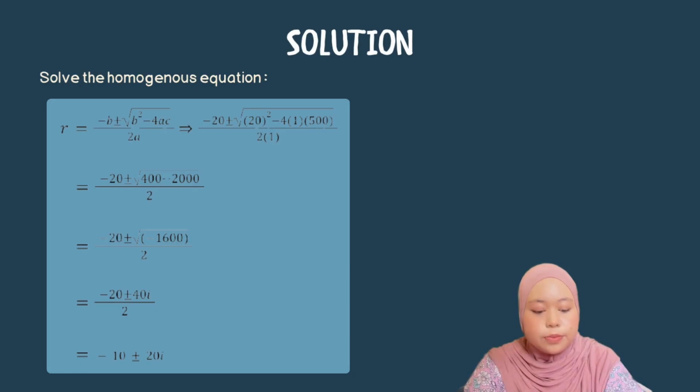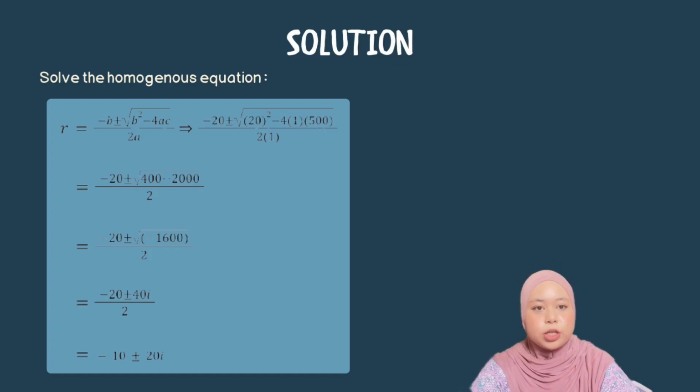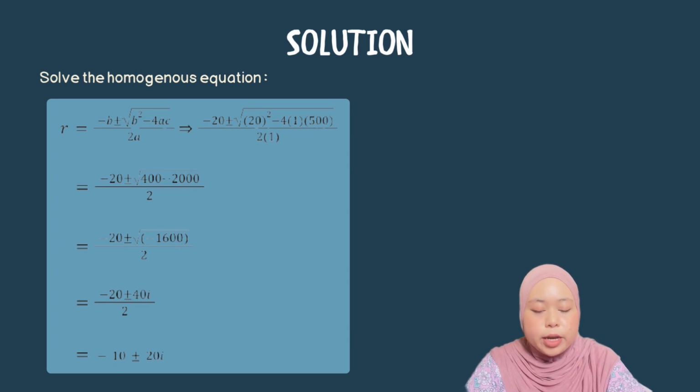So now we change the imaginary number equation to the homogeneous equation, which we get here is Qh(t) equals e to the power of negative 10t, open bracket, a cos 20t plus b sin 20t, close bracket.